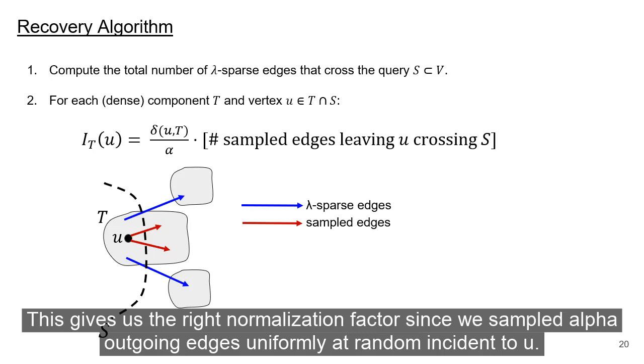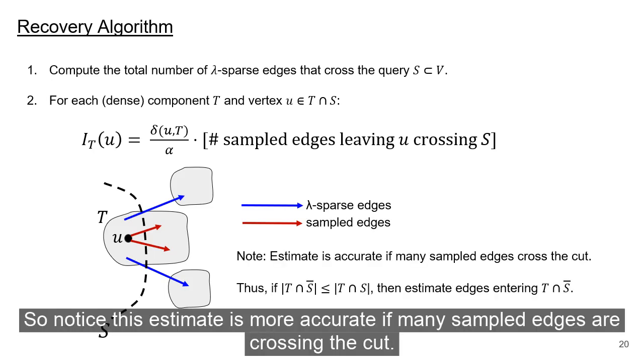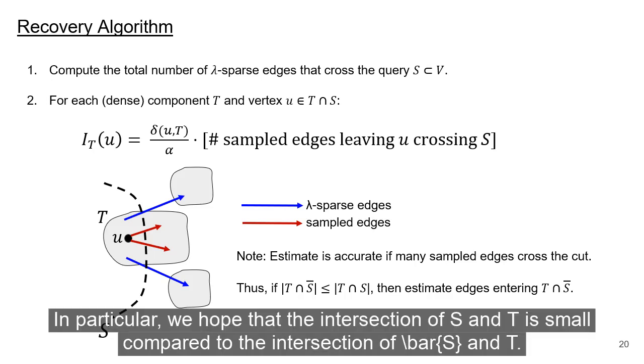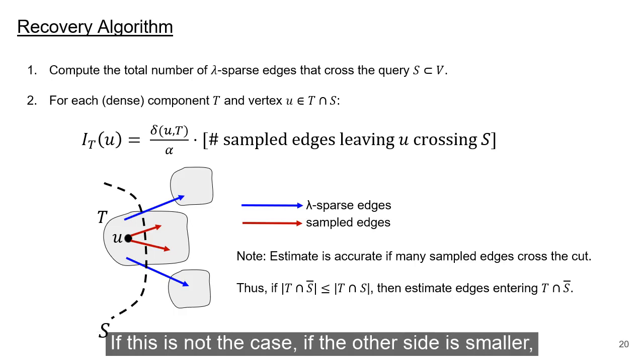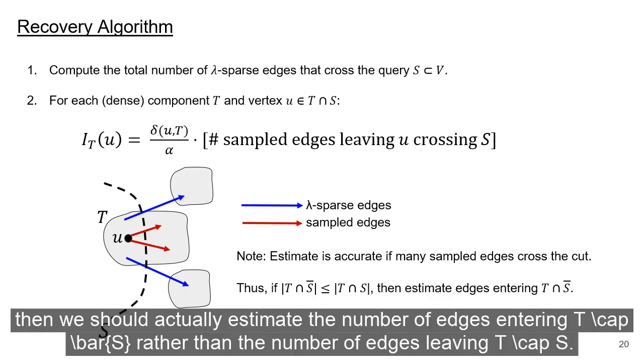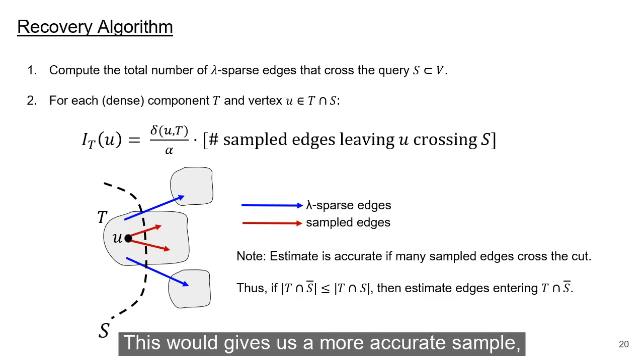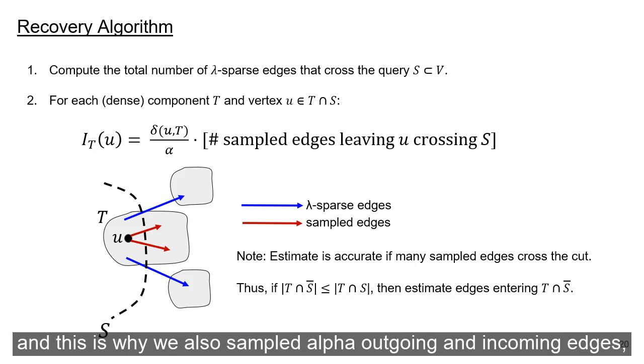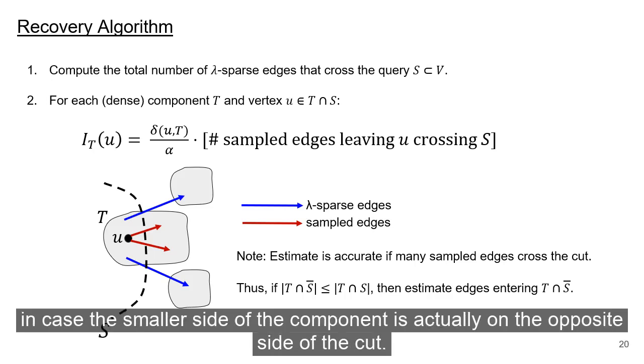So notice that this estimate is more accurate if many sampled edges are crossing the cut. So in particular, we hope that the intersection of S and T is small compared to the intersection of S bar and T. If this is not the case, if the other side is smaller, then we actually should estimate the number of edges entering T and S bar rather than the edges leaving T and S. This will give us a more accurate sample, and this is why we also sampled alpha outgoing and incoming edges in case the smaller side of the component is actually outside of the cut, on the opposite side of the cut.